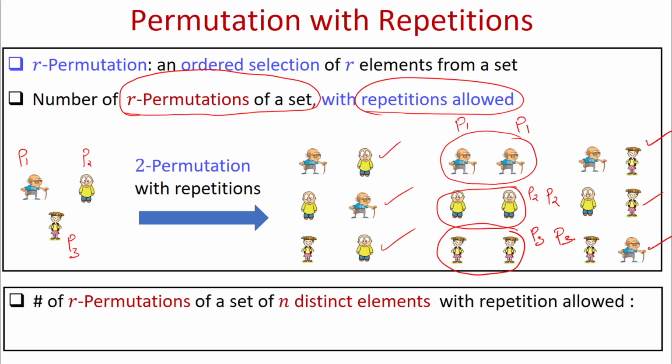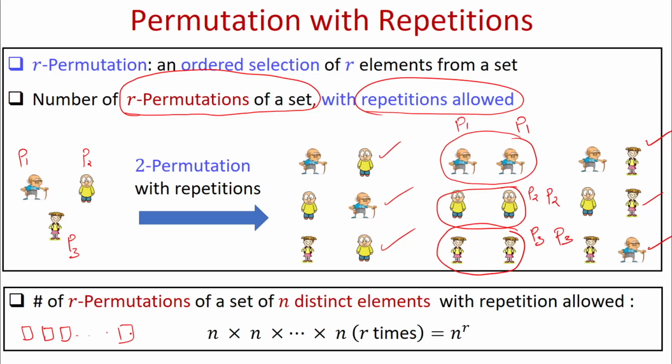So now, if I want to find out the number of r-permutations of a set of n distinct elements where repetitions are allowed, it turns out to be the product of n, r number of times, because I have to fill r slots. The first slot can be occupied in n ways.